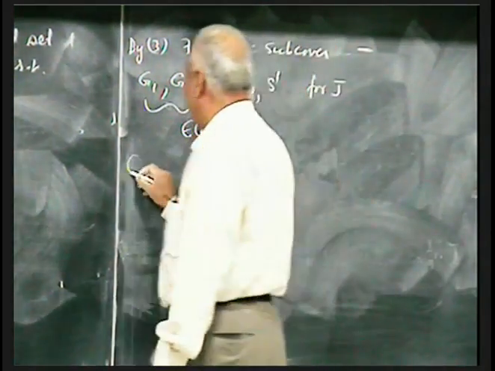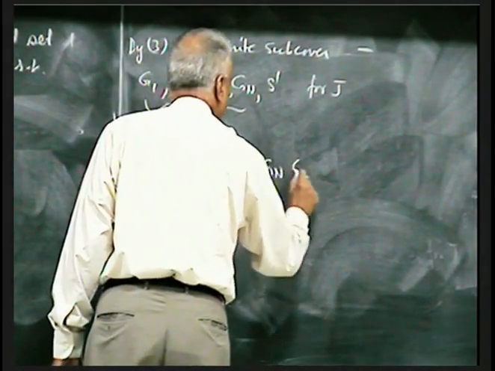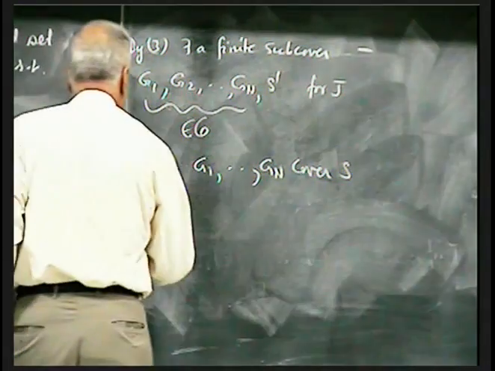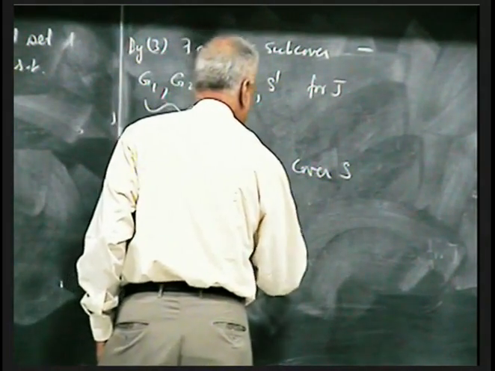But clearly, G1, G2, ..., Gn cover S, because since they cover J, they cover all of S and all of S prime. S prime is covered by this, so S must have come from this portion only. And therefore, I got a finite subcover for it. Therefore, S has a finite subcover.